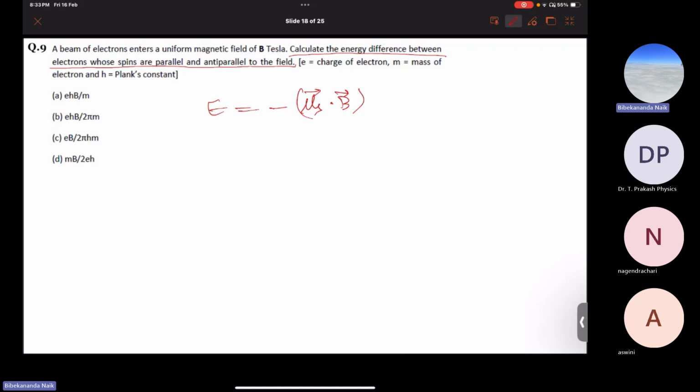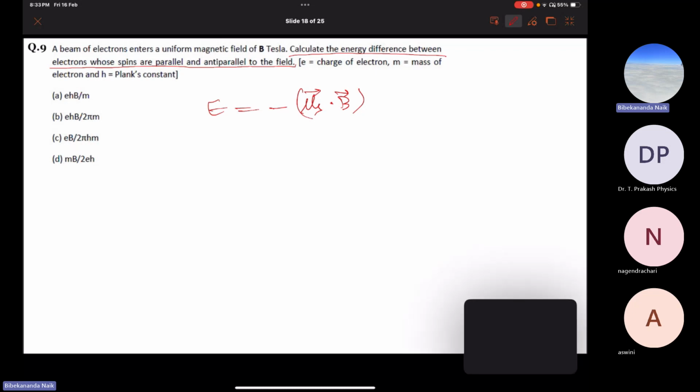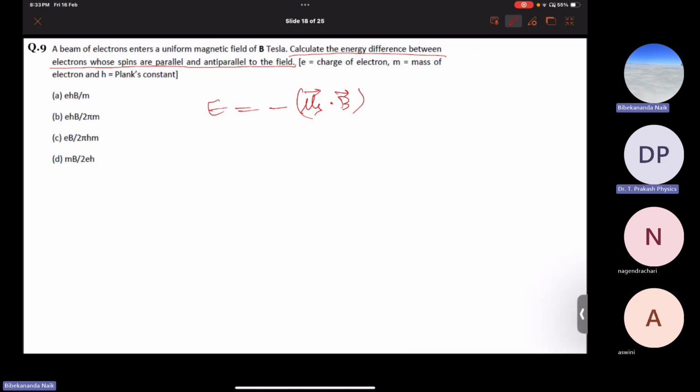Hello, am I audible to all of you? Yes, sir. Okay, so here you see, we know mu s vector is equal to minus e by 2m times g s times s vector, where g s is the spin g factor, and we know g s is equal to 2.